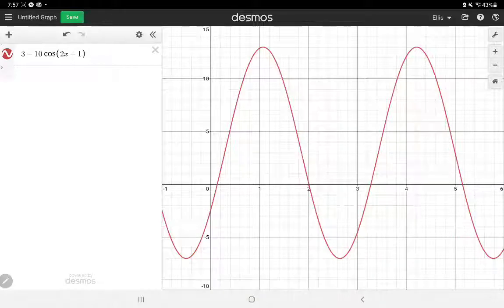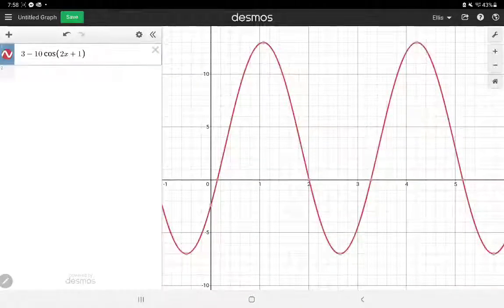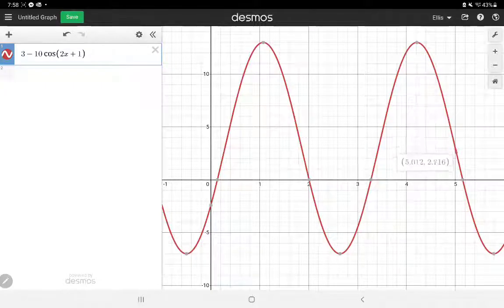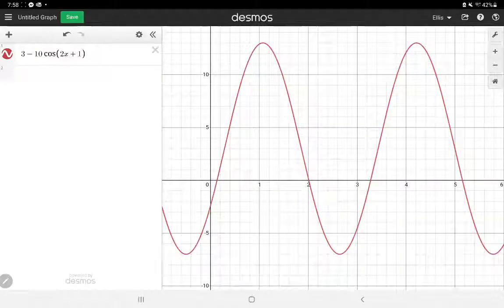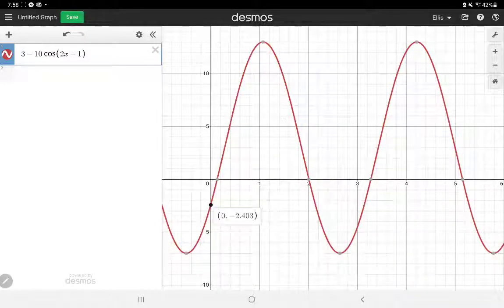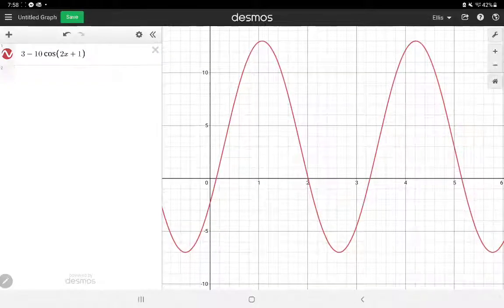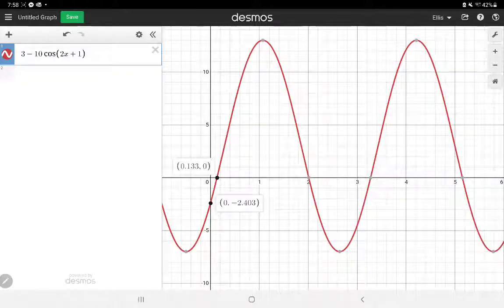In Desmos I can put in the domain, but obviously you can see that the domain ends about here. And using the trace tool I can actually see about where it is. So at 5, it's about 2.956. Alrighty, and at 0 we get negative 2.403. And so now at this point we can just start collecting all of that information that we want.